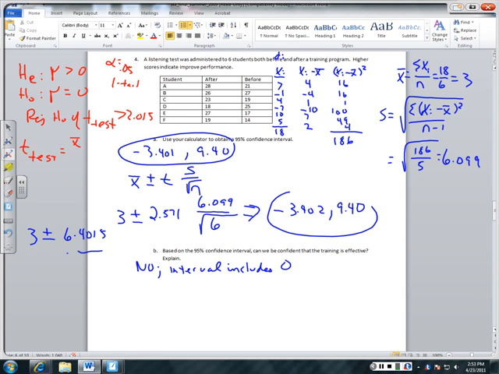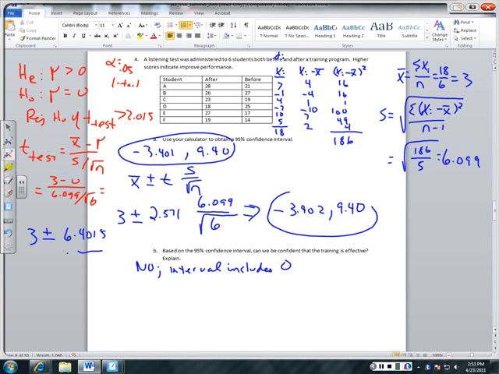And then the t-test is going to equal the statistic, x bar, or d bar if you want, minus the mean, or the mean of the differences if you want to do that, divided by s x bar, which is s divided by the square root of n. So we would have 3 minus 0 divided by 6.099 divided by the square root of 6.